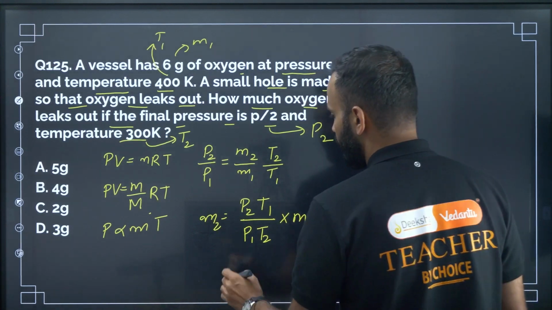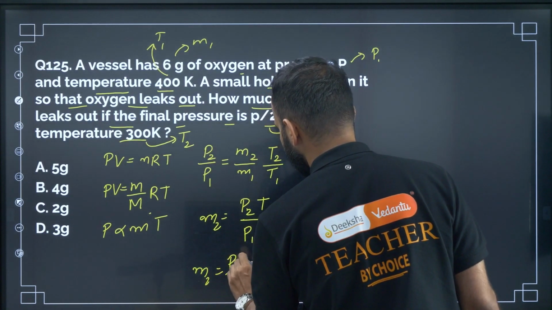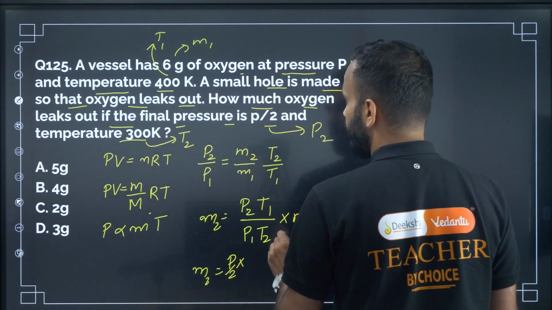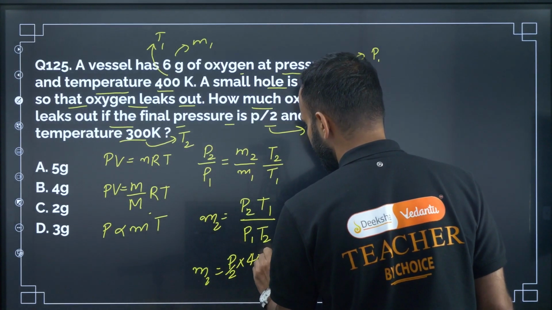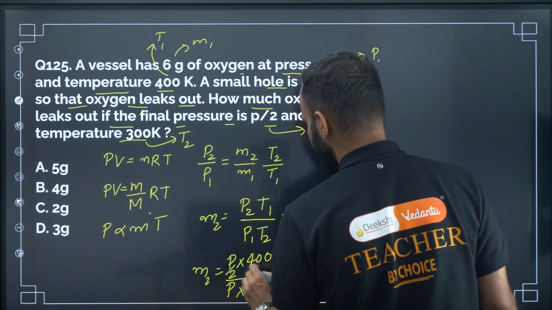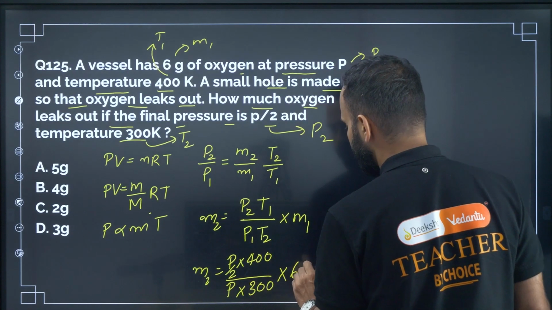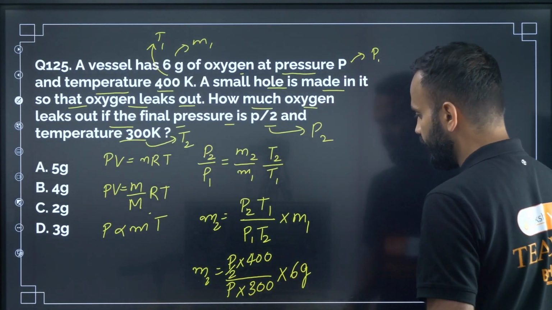Now M2 is equal to P/2 into 400 divided by P into 300 into M1, and M1 is 6 gram.